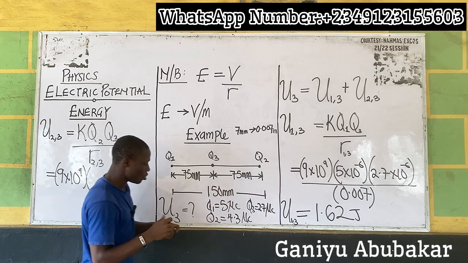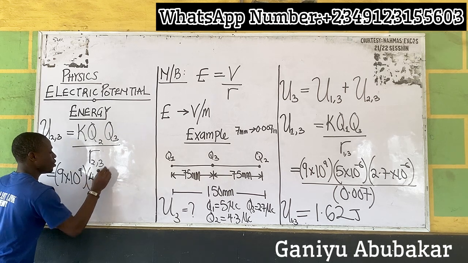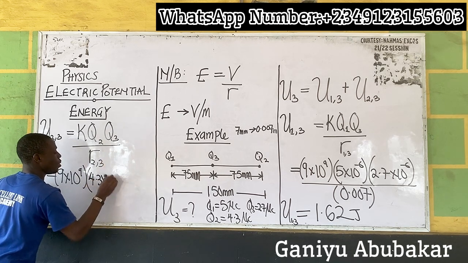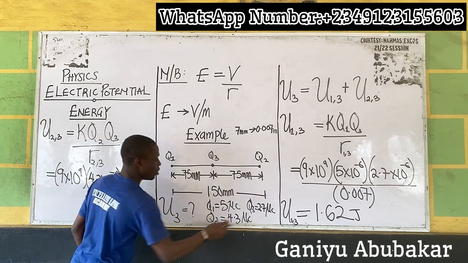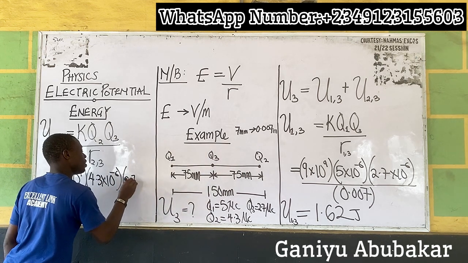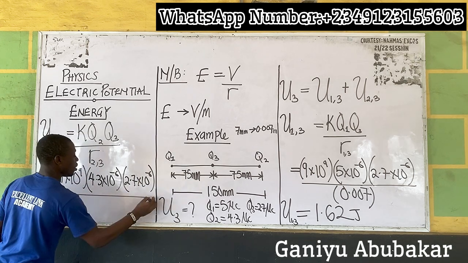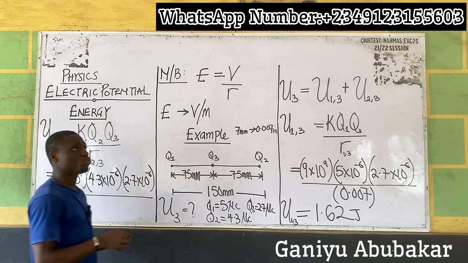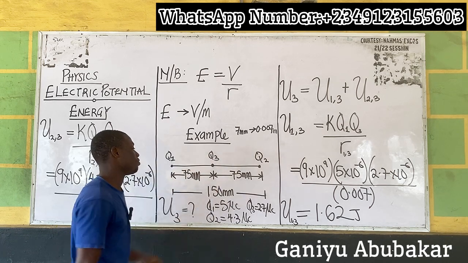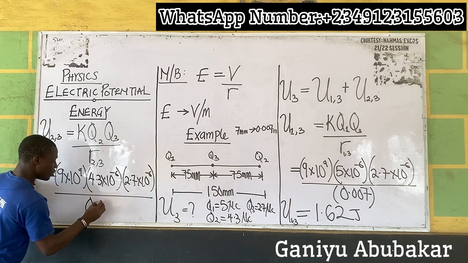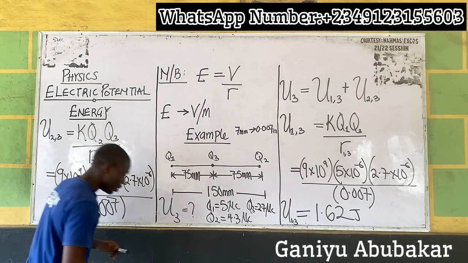Q2 is of course 4.3 times 10 to the power of minus 6, into Q3, which is 2.7 times 10 to the power of minus 6, all over r23, the distance between r2 and r3. R23 becomes 0.007.